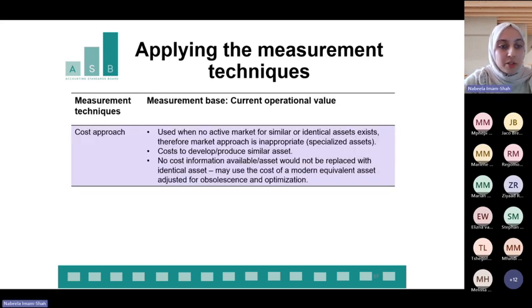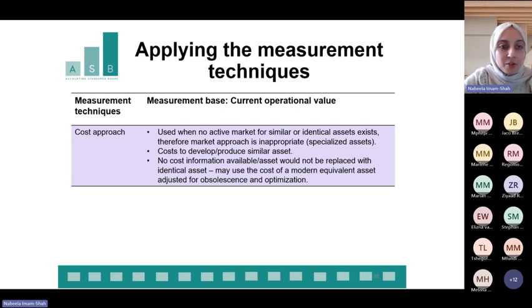Looking at the cost approach and its applicability to COV, this is now used when no active market for similar or identical assets exists. Therefore, it makes the market approach inappropriate. This is the case a lot of the time for specialized assets.